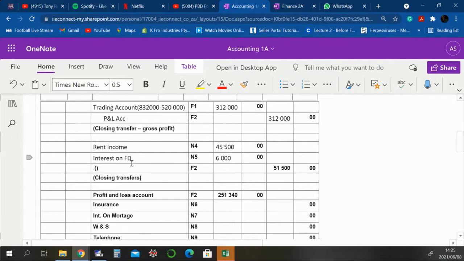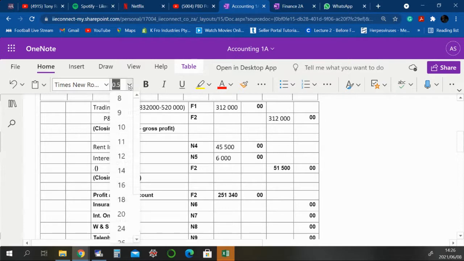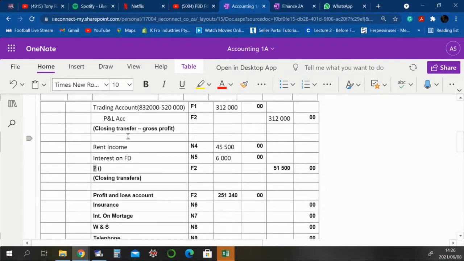There. Under the interest on FD. No, but I mean, as in the cursor. There we go. Oh, now I see what's going on. It's the size of the font. Quickly change that. There we go.